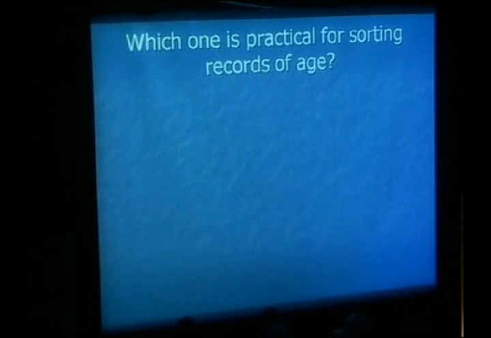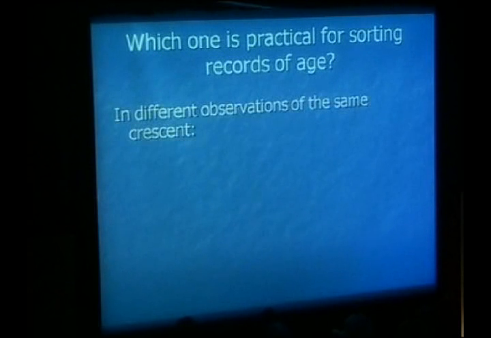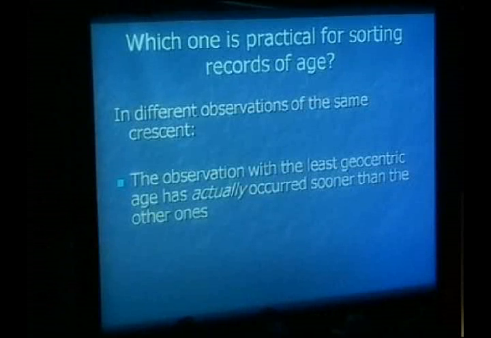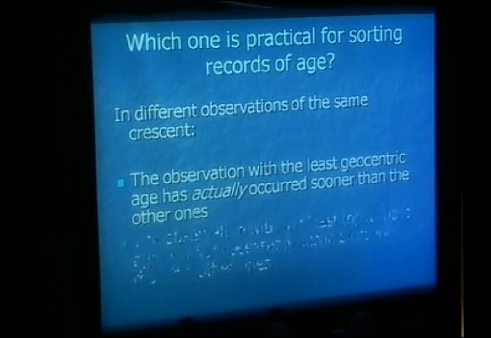Okay, which method, geocentric age calculation or topocentric age calculation, is practical for sorting the records of age? Well, in different observations of the same crescent, the observation with the least geocentric age has actually occurred sooner than the other ones.